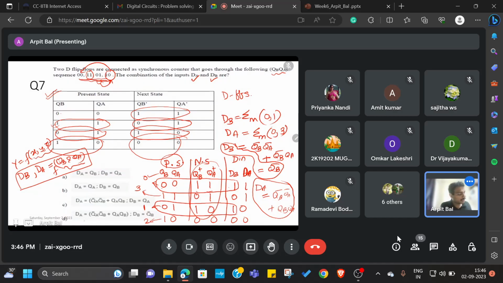I get QA bar QB bar plus QB QA as dA. Then dB is QB bar. So option D is correct. It means if I give my D flip-flops this particular input, then I am going to achieve this particular sequence of counting.